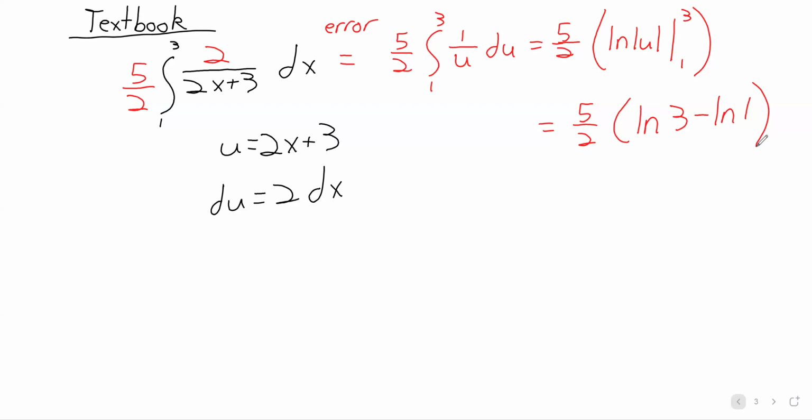Let's just say it looks like this. And we're integrating from 1 to 3. Well, here's the x-axis. And here's x equals 1. And here's x equals 3.